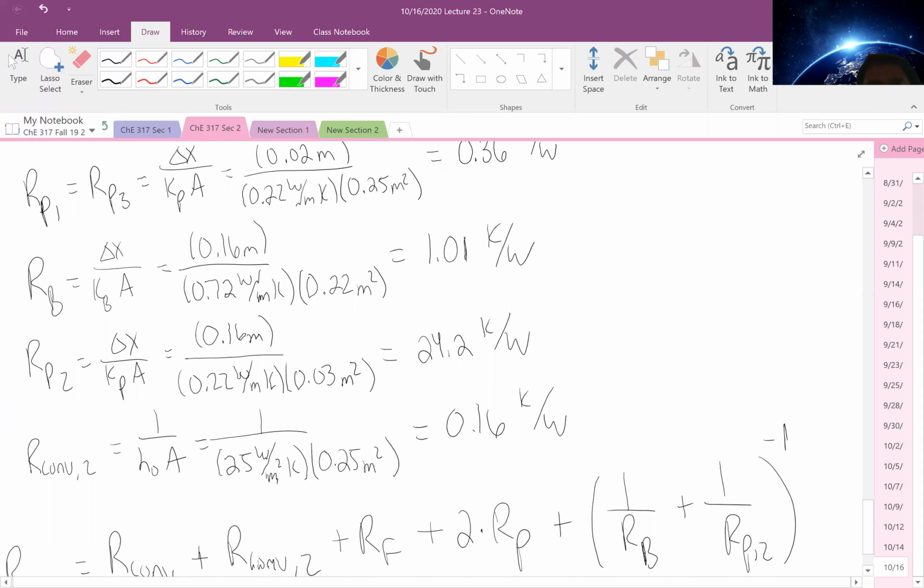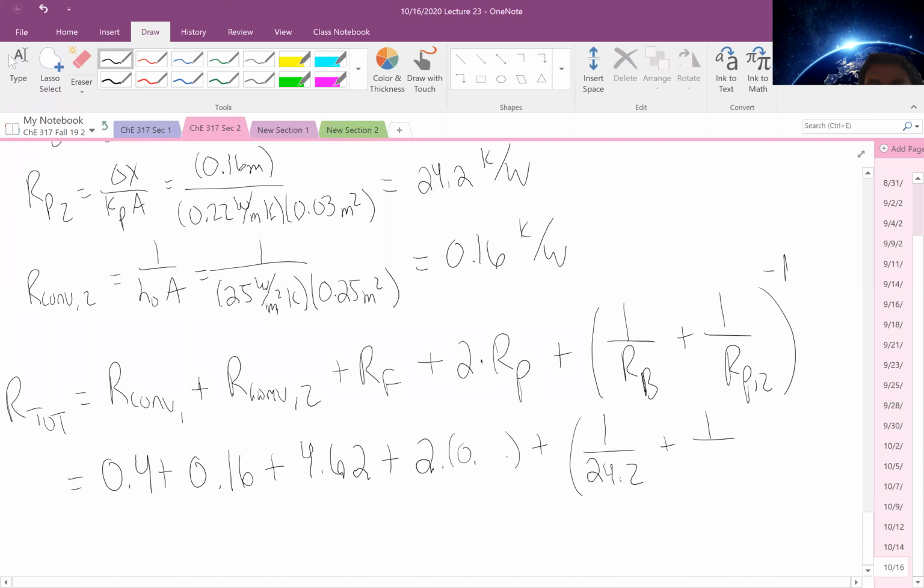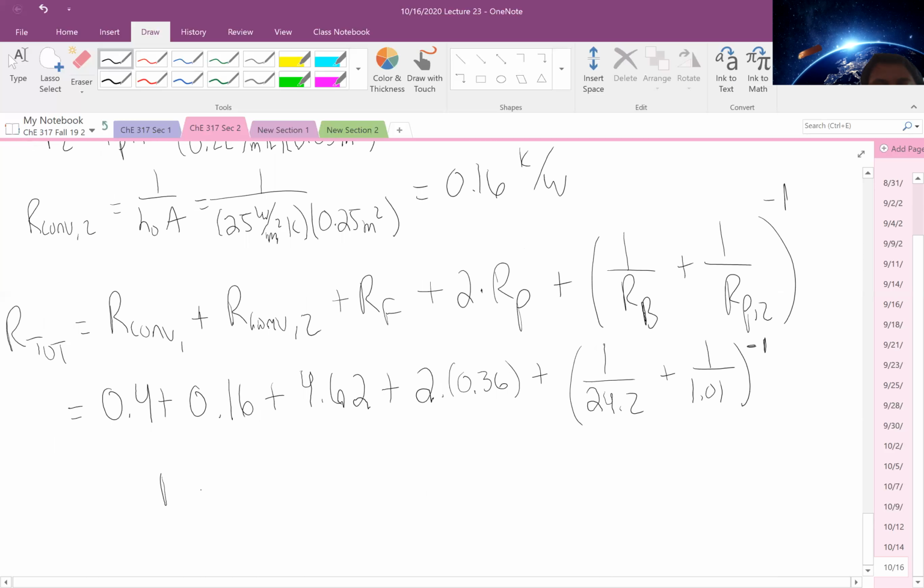It should be 0.36. And so this makes our total, let's see what that comes out to be. I get about 6.87 kelvins per watt.